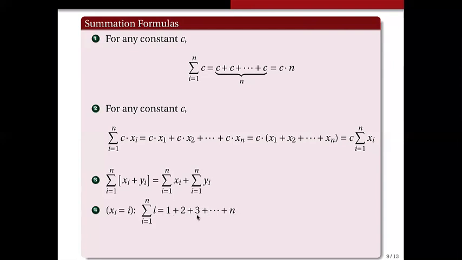So this will be equal to n times n plus 1 divided by 2. So the sum of i from 1 up to n is equal to n times n plus 1 over 2. So that's a formula.